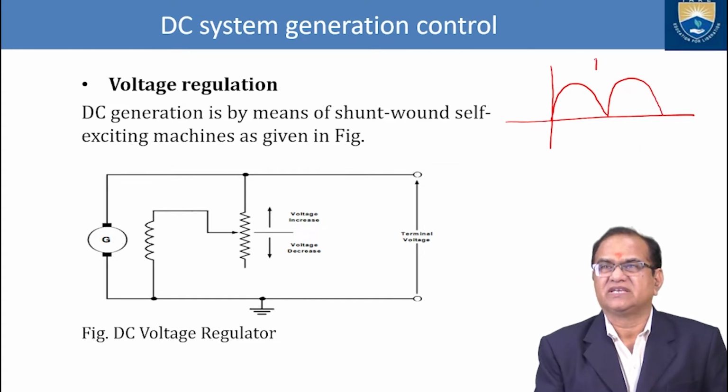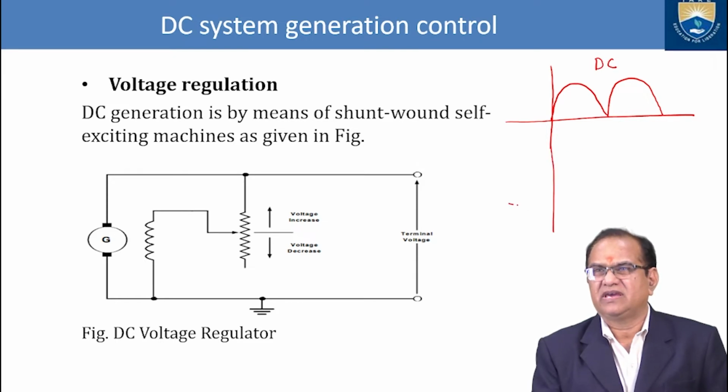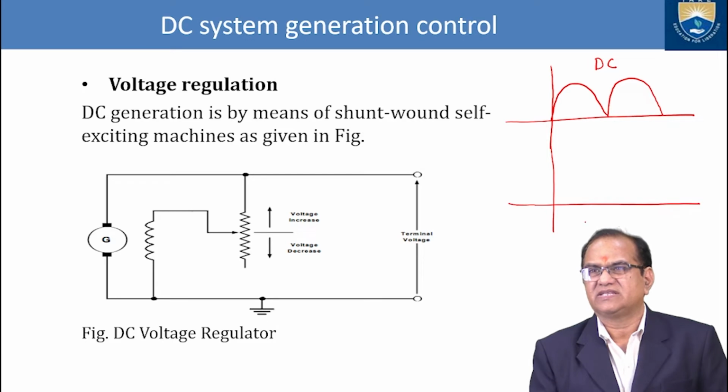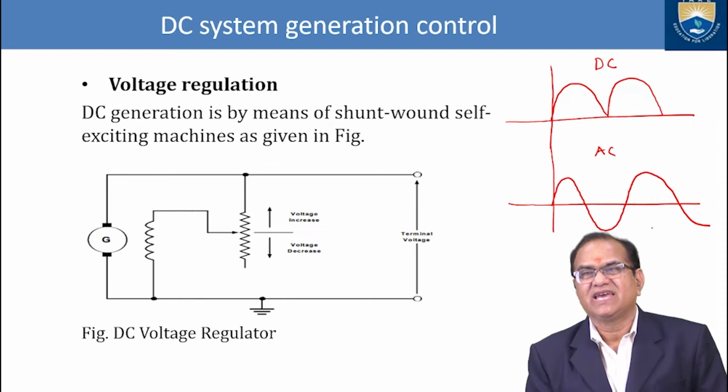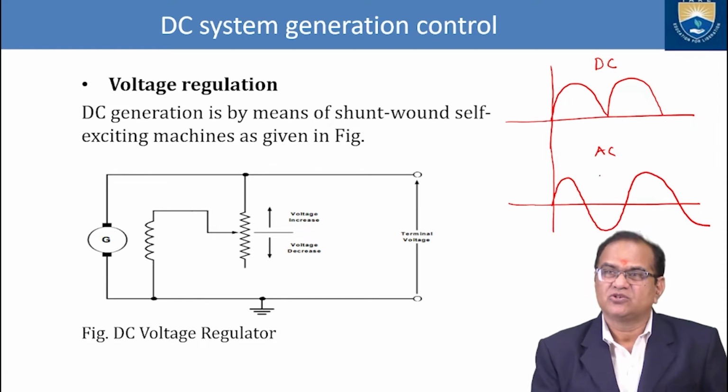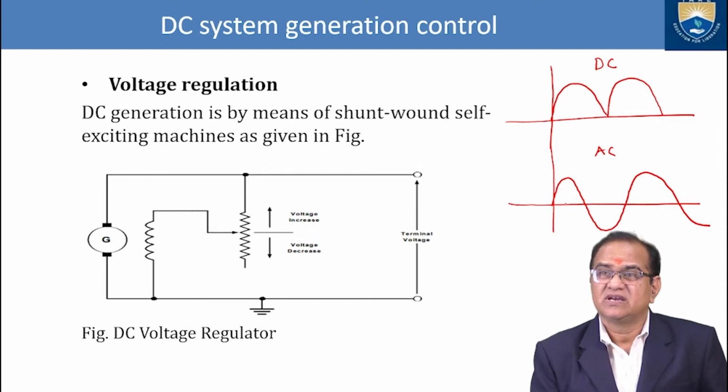This is the DC. If you take the AC, I am just extending here. This is the AC. In AC, what will happen? It will go up, it will go down, it will go up, it will go down, and so on. So it is AC, alternating current. In this, the fluctuation is in both directions.